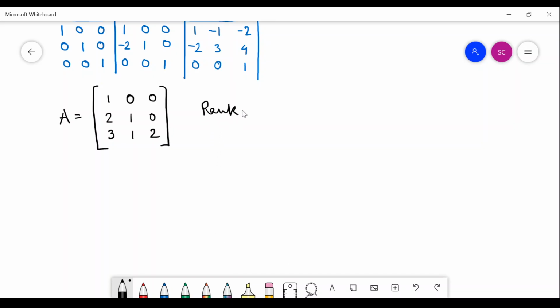We denote rank as rank A, or sometimes as RA, sometimes also as row A. So there are various symbols. You just need to know what it means. It means the number of independent column vectors in the matrix.